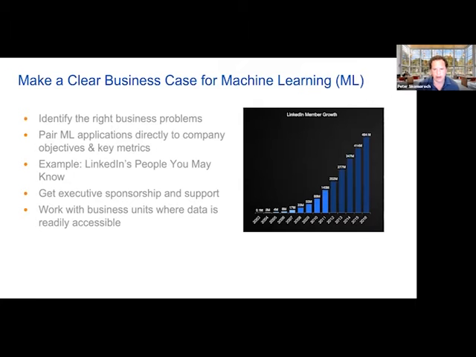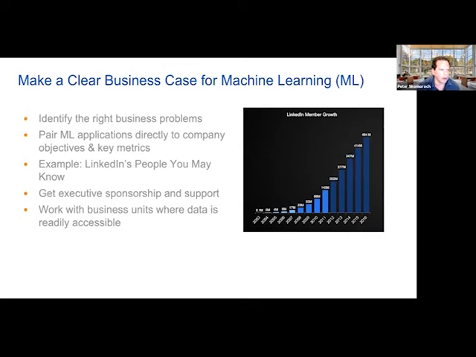And that can be a difficult exercise, and it takes both domain experts from your business, as well as people who understand what machine learning can do. So this chart on the right of LinkedIn member growth over the years, I think is a great example. A lot of that growth was powered by machine learning in different ways.